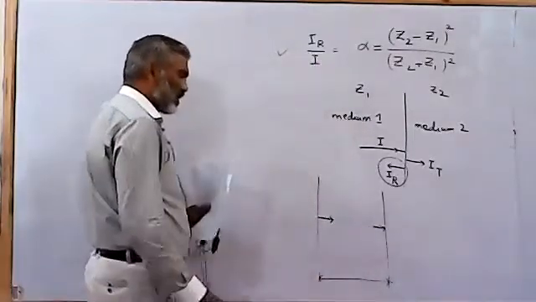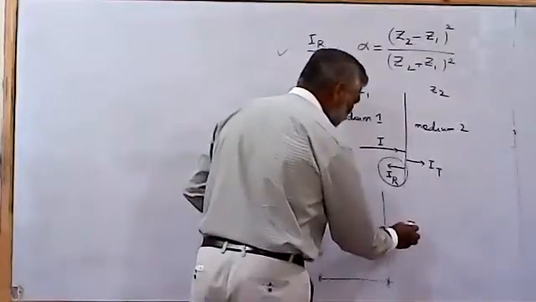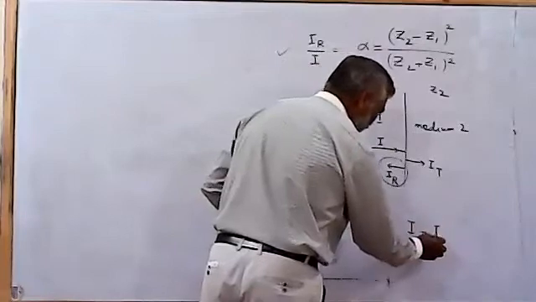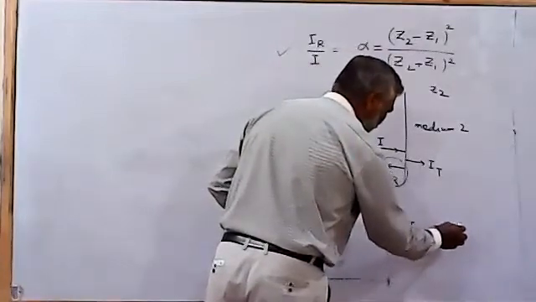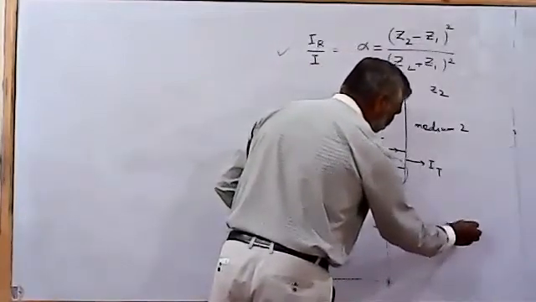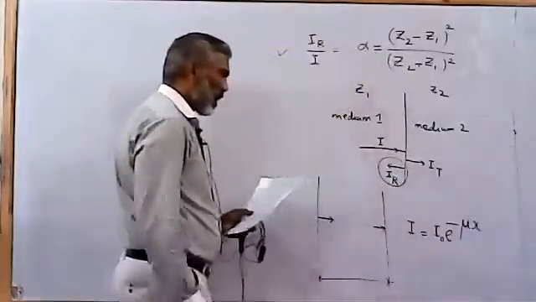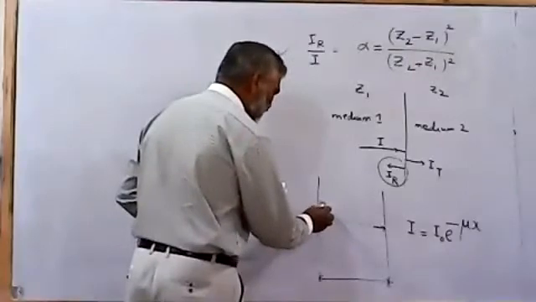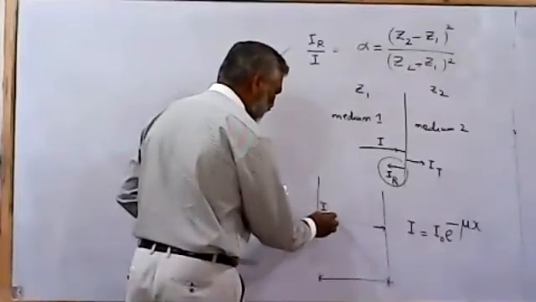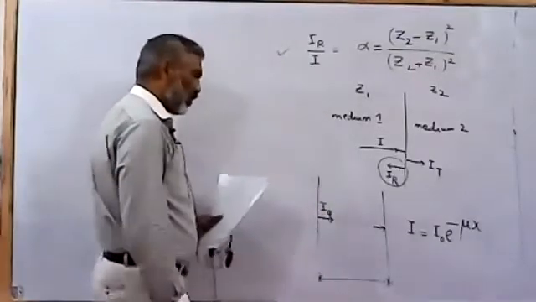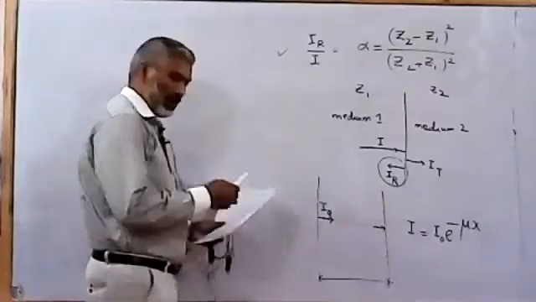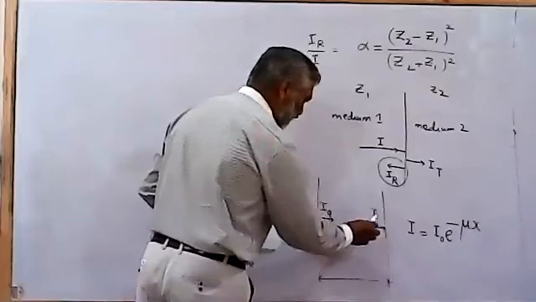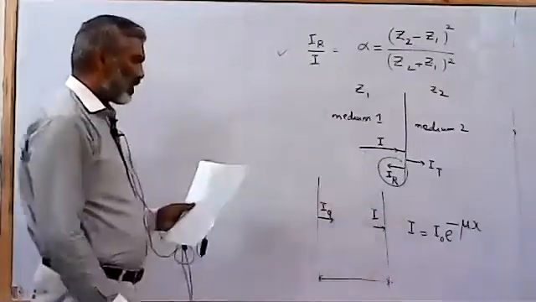For this purpose, I told you we use this formula: I is equal to I naught e to the power minus mu x. I naught is the original intensity upon transmission, and I is the intensity that gets to the other end of that medium.